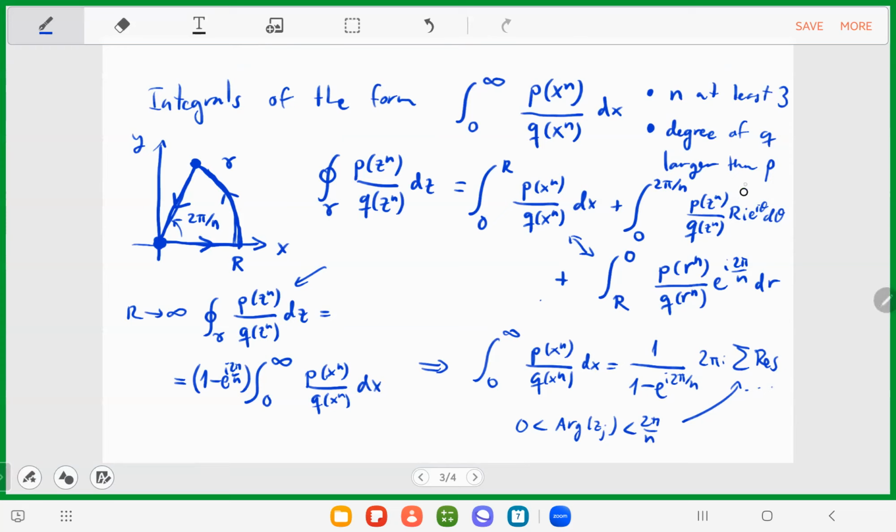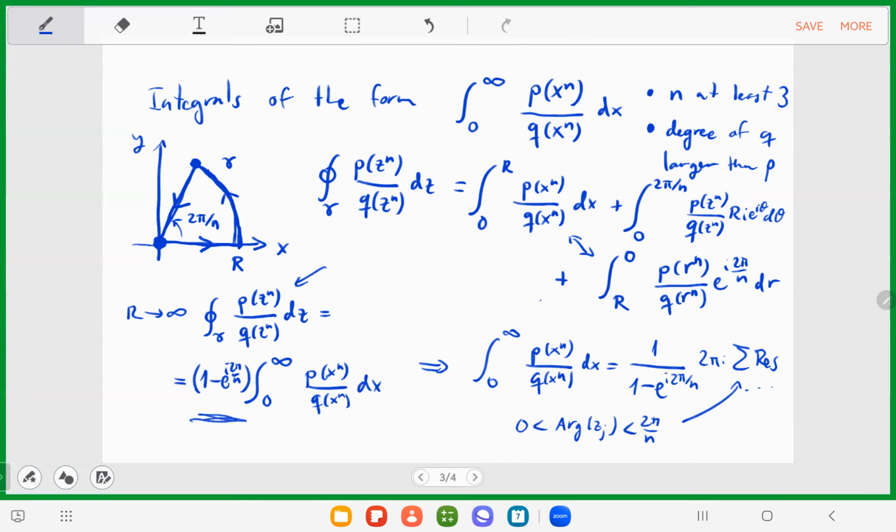If n is 2, then it works, but it's a bit more complicated than the previous method. The previous method can be used because it goes from minus infinity to infinity. But if n is equal to 2, that means all the terms in the polynomial are even terms, and the function is an even function. So it's easier to use the method of the semicircle and divide by 2.